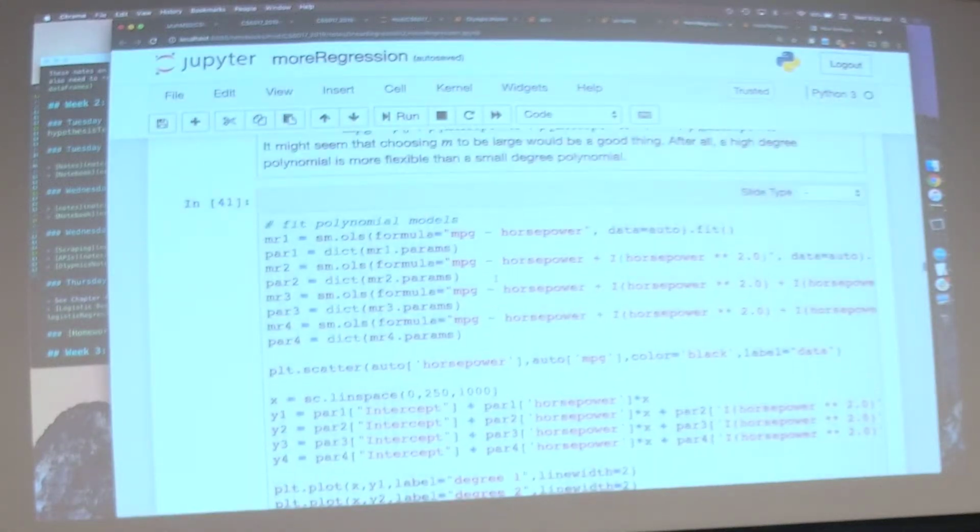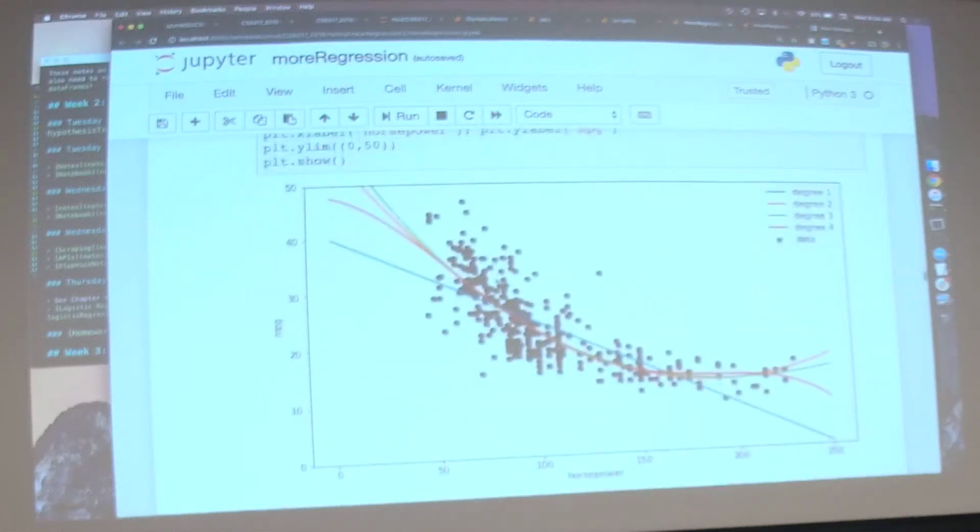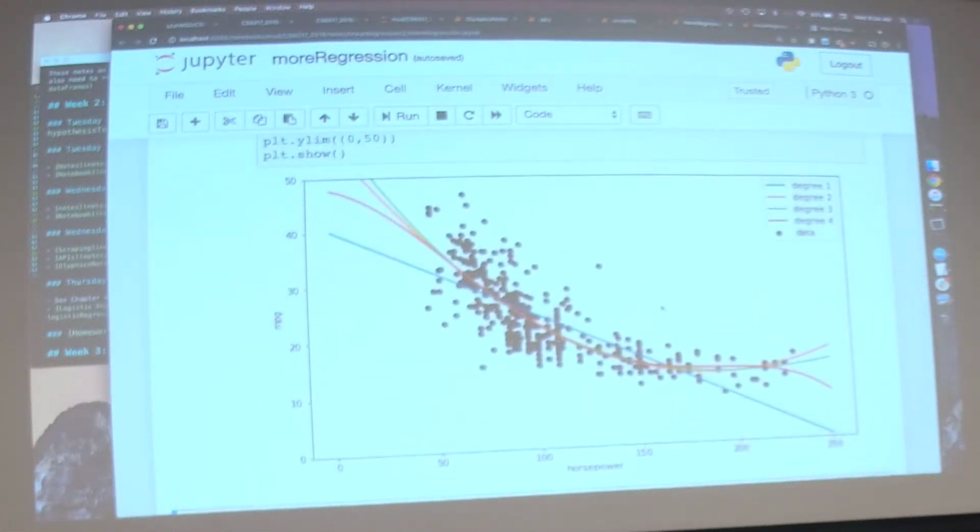Right. So we have our various degree models plotted. I think it's obvious that the linear one is bad, and it's maybe not obvious from a glance which of the others is the best. But I think we also see that they're all pretty similar in here, right?